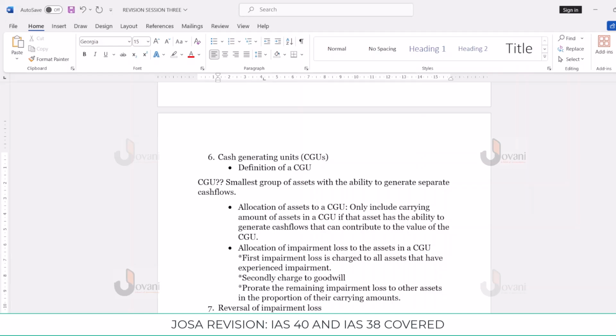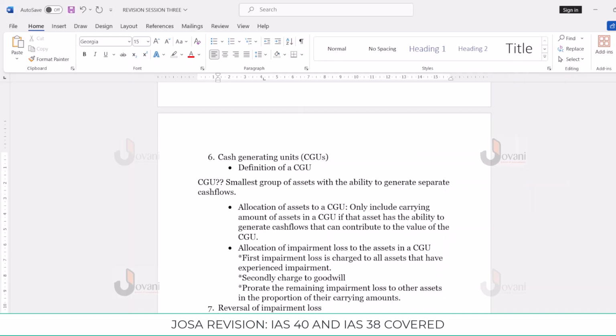Let us proceed. I want us to finish up the standards under these non-current assets. Assuming that last year an asset showed impairment, had indicators of impairment, we calculated and recognized an impairment loss.